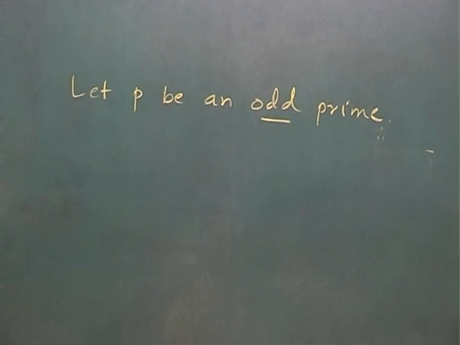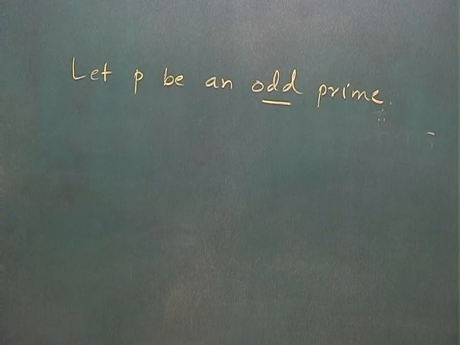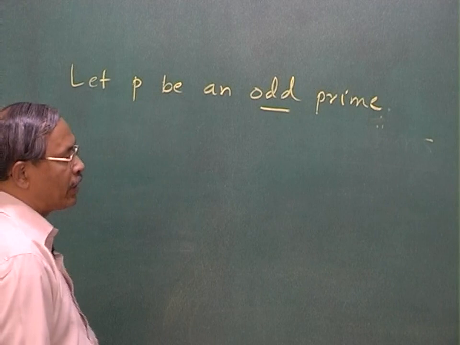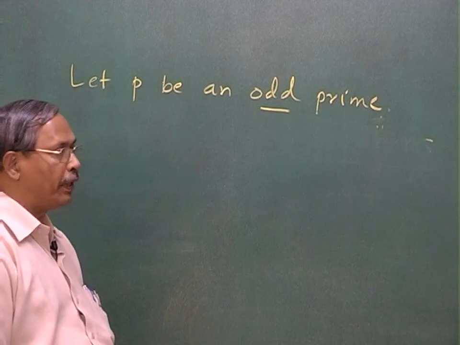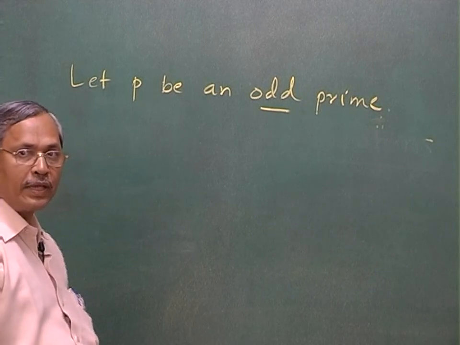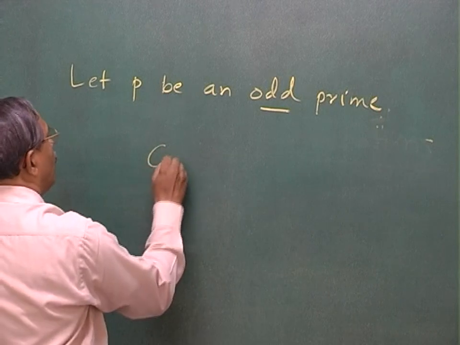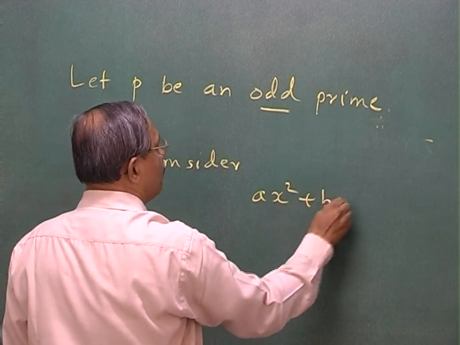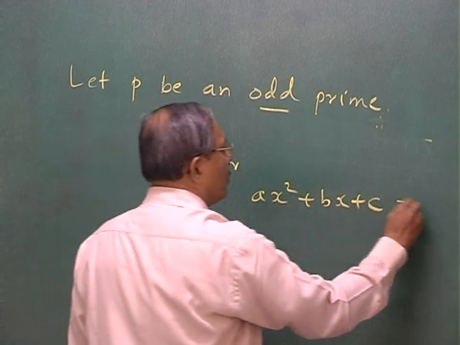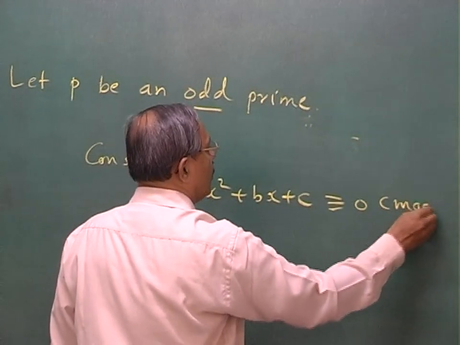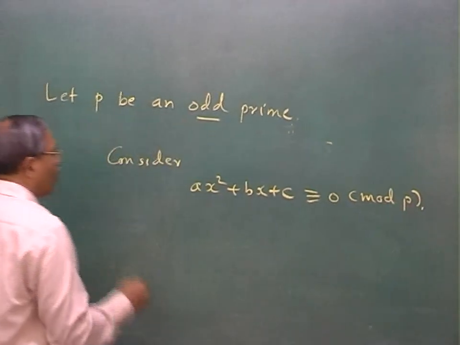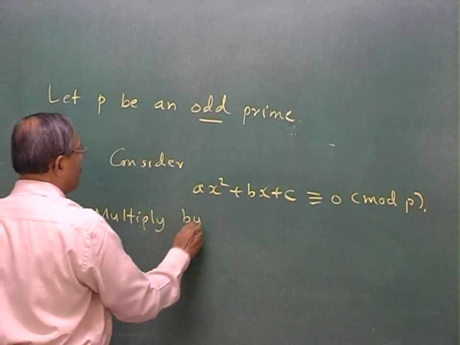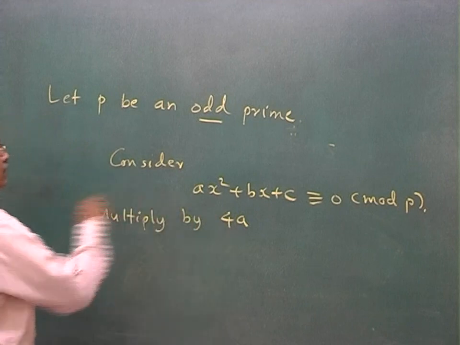Then we multiply both sides of the equation ax square plus bx plus c congruent to 0 mod p by 4a, which is not divisible by p.